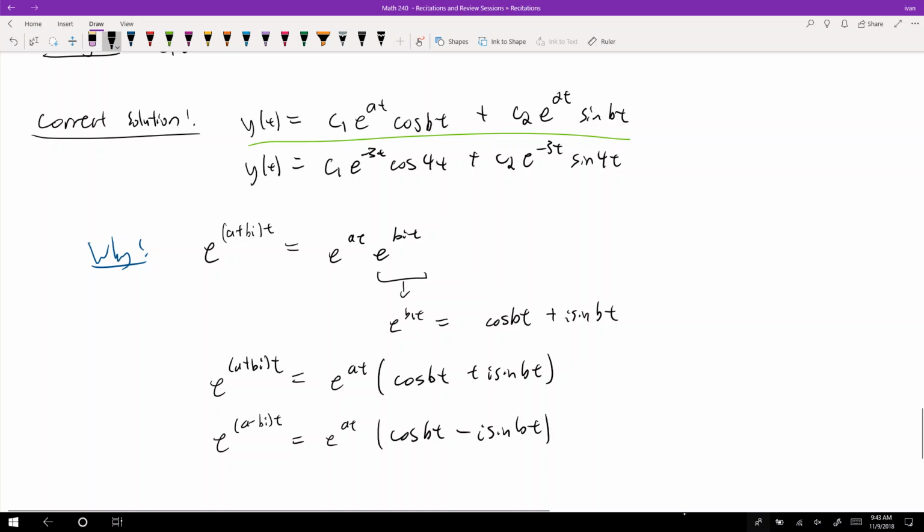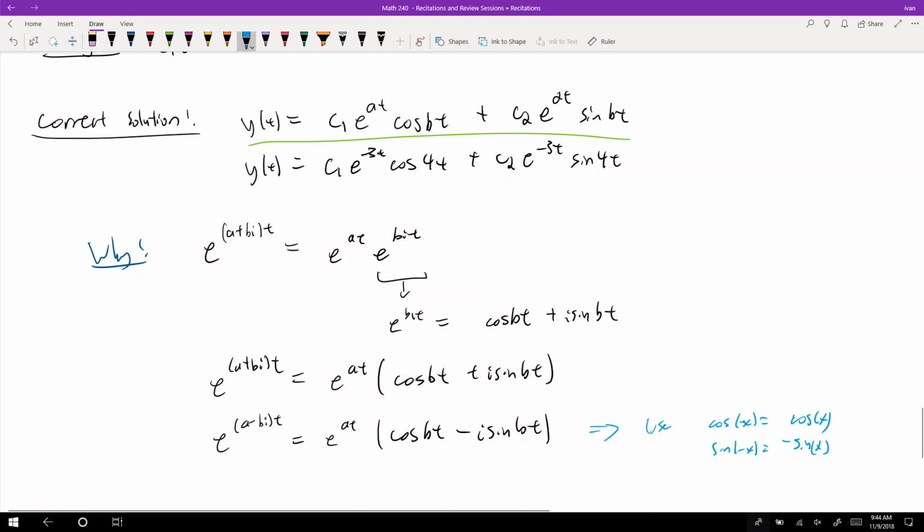You can work that out at home. But essentially, you need to use the fact that cosine of negative x is equal to cosine of x, and sine of negative x is equal to negative sine of x. So that's how you show this one.